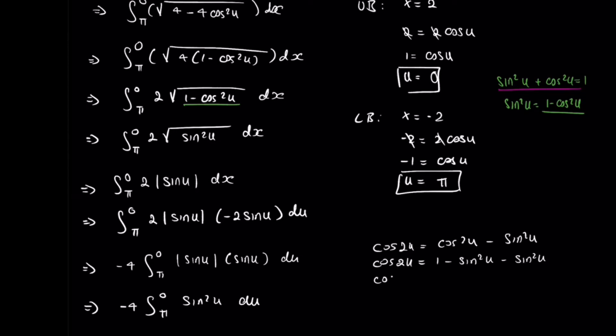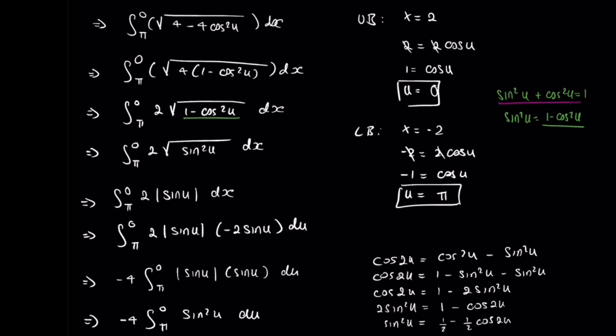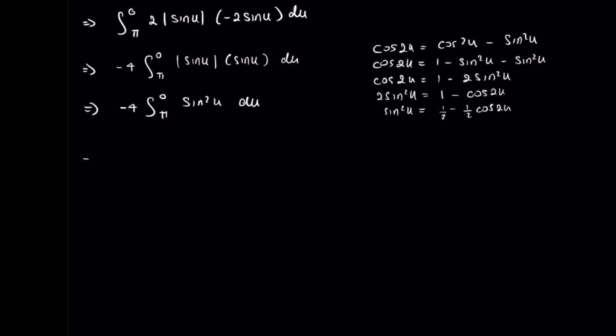Simplifying this, we get cos 2u equals 1 minus 2 sine squared u. And since we want to find an expression for sine squared u, we rearrange. So we get 2 sine squared u equals 1 minus cos 2u, and sine squared u equals 1/2 minus 1/2 cos 2u.